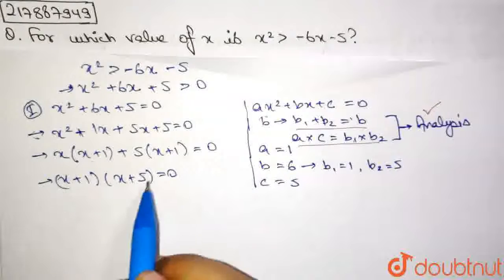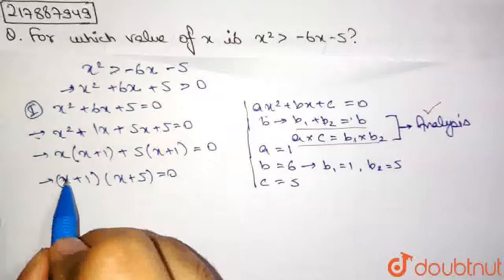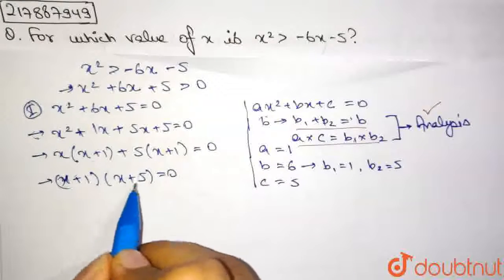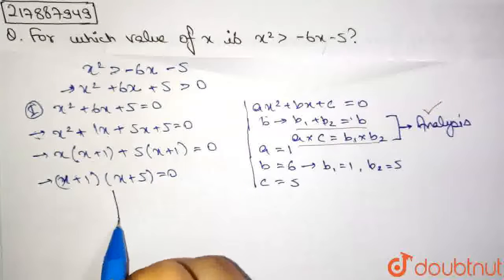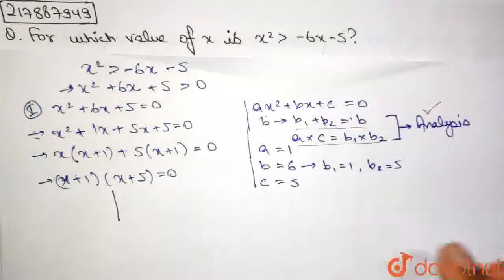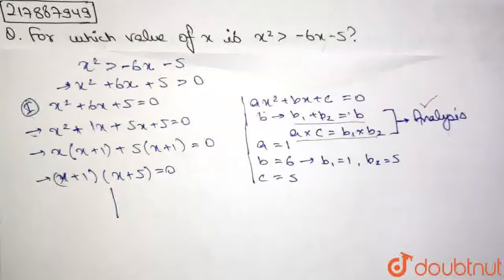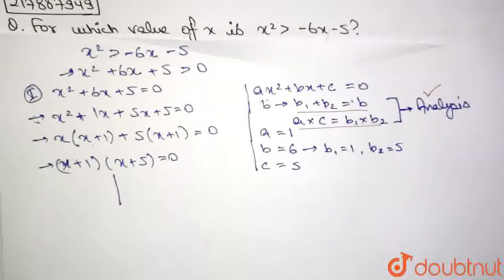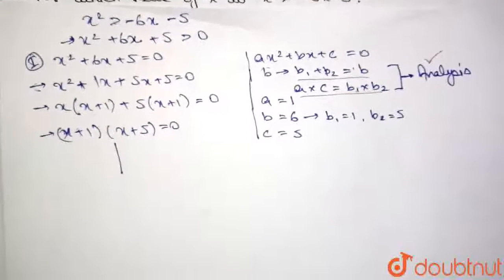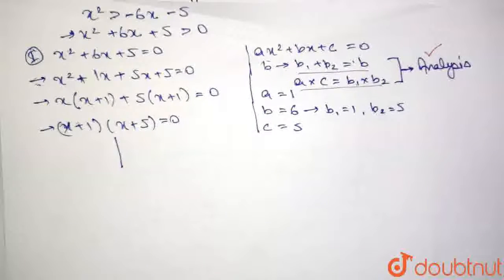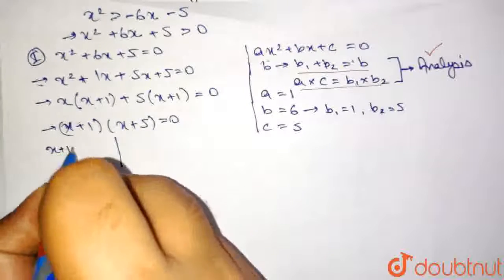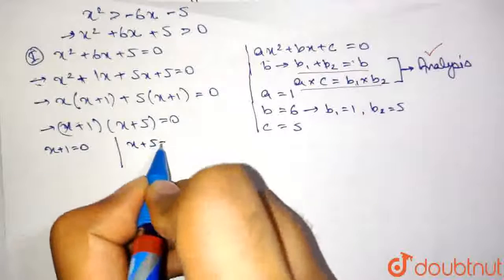Now, if this entire expression is equal to 0, then either this is equal to 0 or this is equal to 0. So there are two cases, and let us check both of these cases individually, right? Either x plus 1 is equal to 0 or x plus 5 is equal to 0.